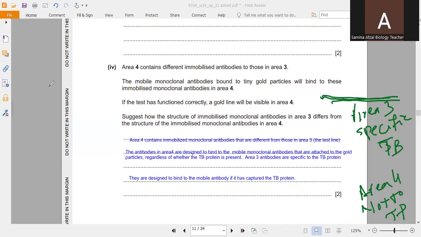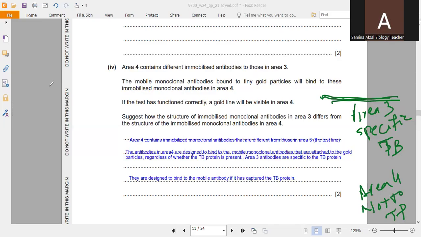So we can say they are different from one another because area 3 antibodies have a complementary shape to the TB protein, which is secreted by the pathogen. So in this way, area 4 is different from area 3. Let me read this answer. Area 4 contains immobilized monoclonal antibodies that are different from those in area 3, which is the test line. The antibodies in area 4 are designed to bind to the mobile monoclonal antibodies attached to the gold particles regardless of whether the TB protein is present.